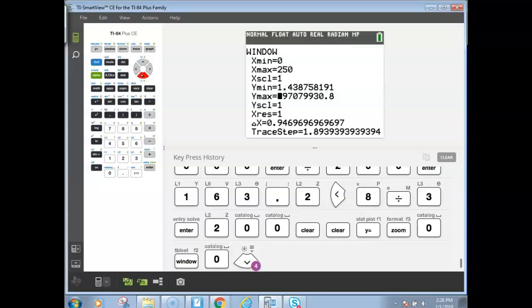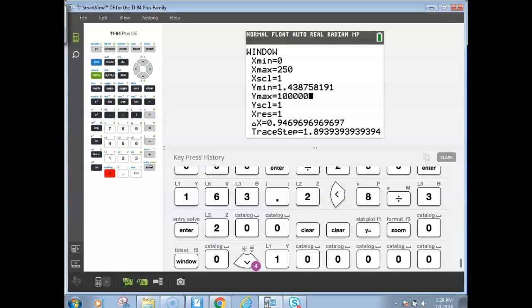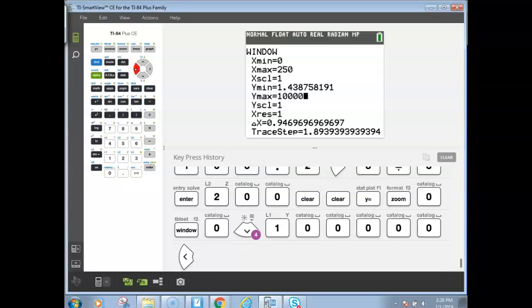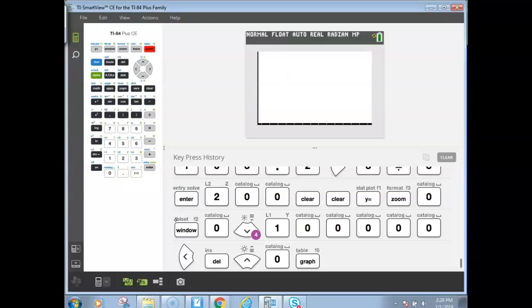Oh, that's one ginormous maximum, isn't it? I think I'm going to make that a little smaller. Oh, that's 100,000. Why'd I go that high? Okay. And I think I'm going to make this Y0. All right. Yours might, oh, what did I do to it? I can't see anything. Well, yes, I can. Good enough.